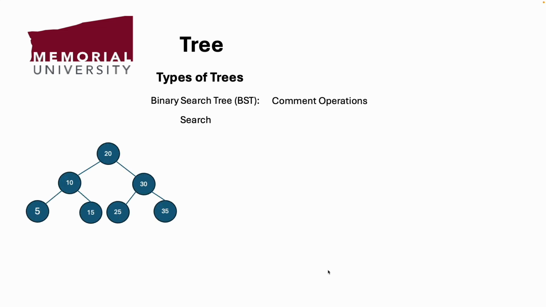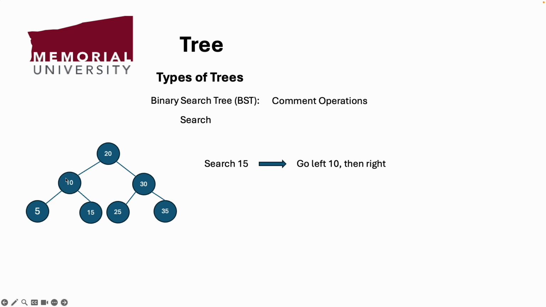All right, let's look at the example. This is a binary search tree, as we see on the slides. For example, if you want to search for 15 and check whether 15 is in this binary search tree or not, we start the comparison from the root node. 15 is less than 20, so we go to the left.